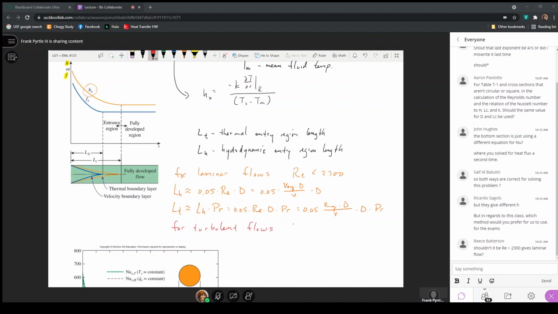here, the Reynolds number again is greater than 10,000. Here we consider that the hydrodynamic entry region length is approximately the same as the thermal entry region length, which can be approximated as just 10 times the diameter.